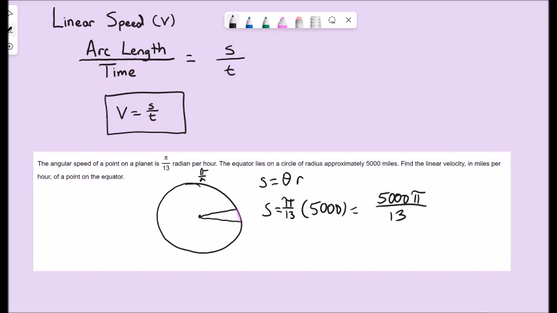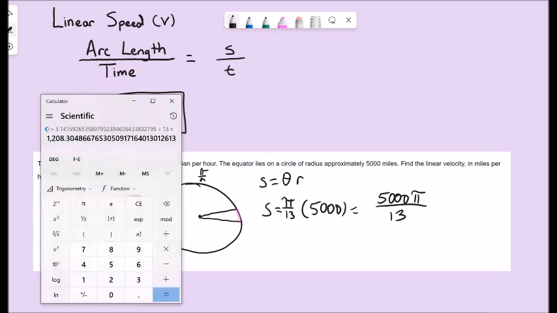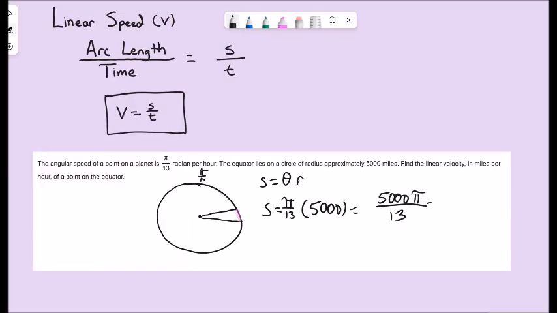All right, so that's going to be the arc length. Now let's go ahead and find out what that actually is. We take 5,000 times pi, divide that by 13, and that's going to give us about 1208.